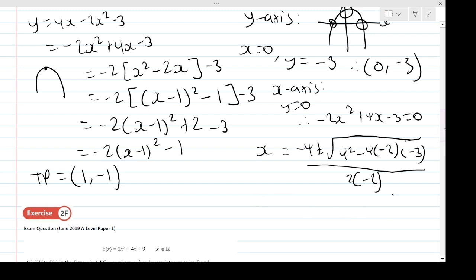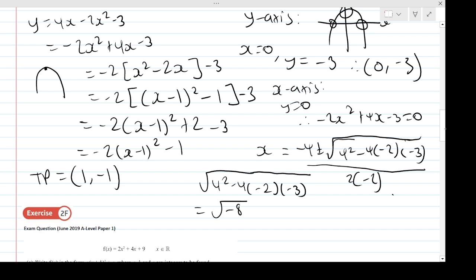And the reason why that happens is because look at this square root here: the square root of 4 squared minus 4 times minus 2 times minus 3. If you work that out on the calculator, it is minus 8.